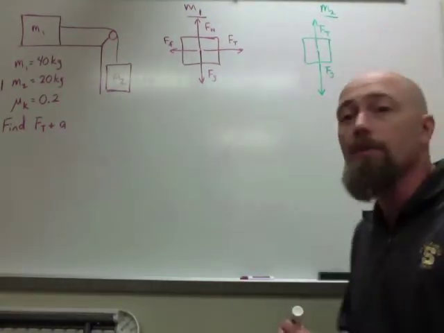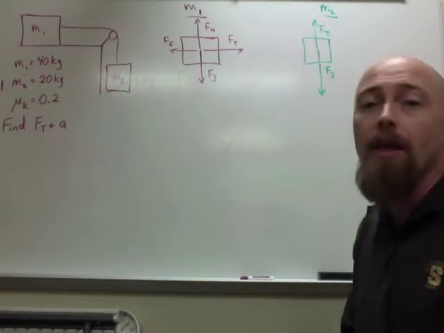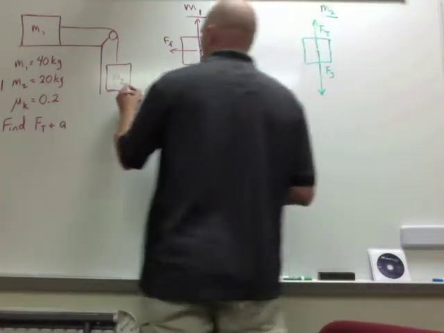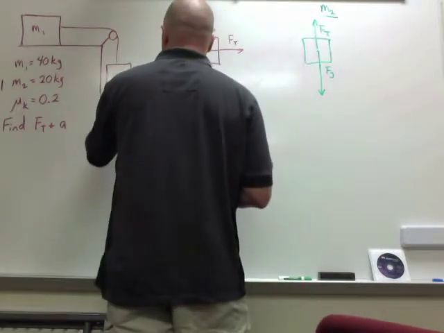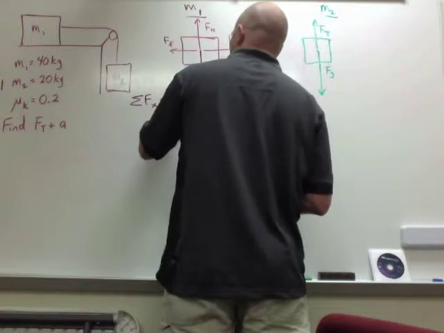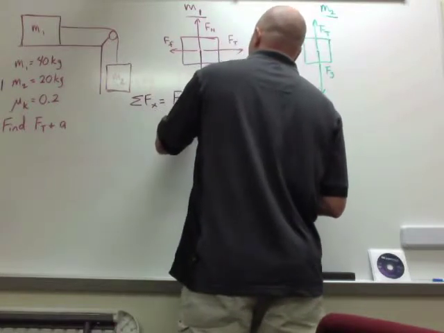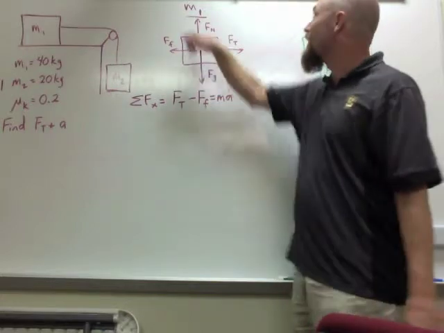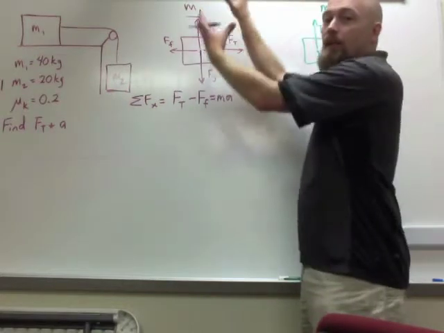Second step, as always, is to use your free body diagram and write your equations. So for this one, if I do sum of the forces in the x direction, it's going to be Ft minus Ff equals ma. And if you notice, this m goes with that. That's why I'm making it all one color.